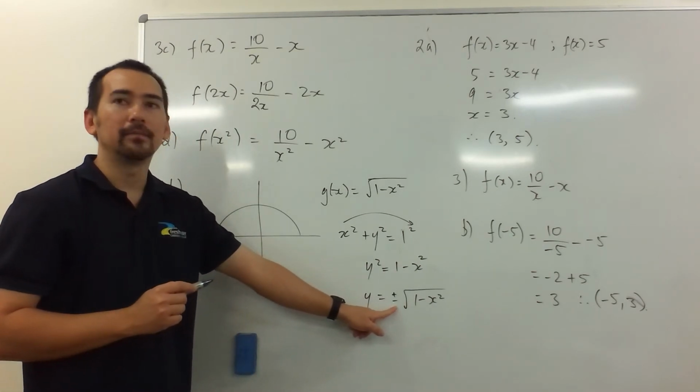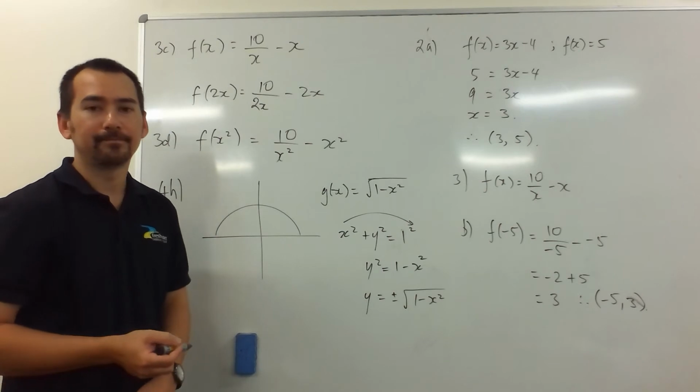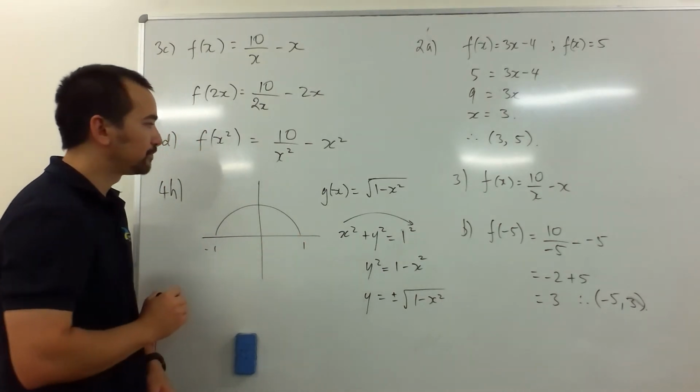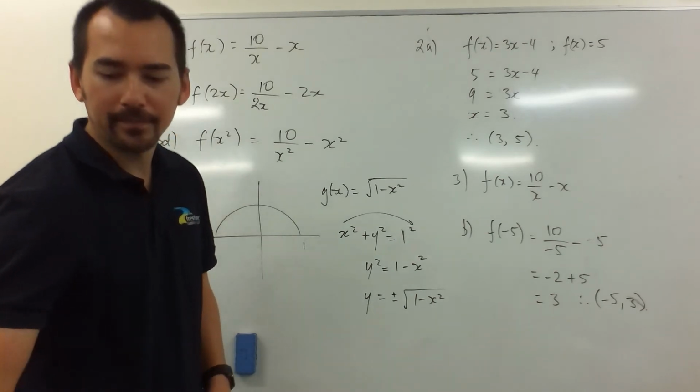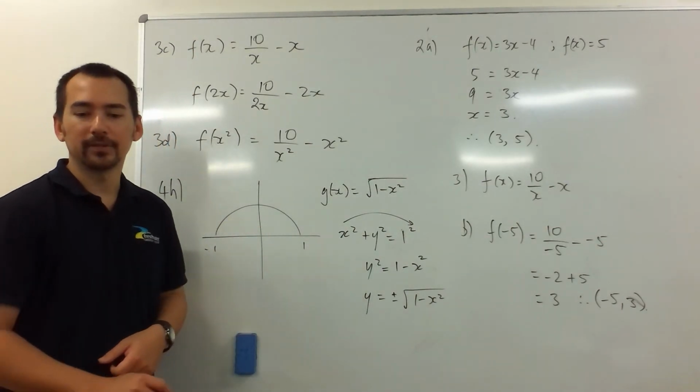If they specify the minus, it means the under part as well. Okay. So this is a radius 1. And what's the question asking? For the domain? All they want to know is whether this is a one-to-one function or not.